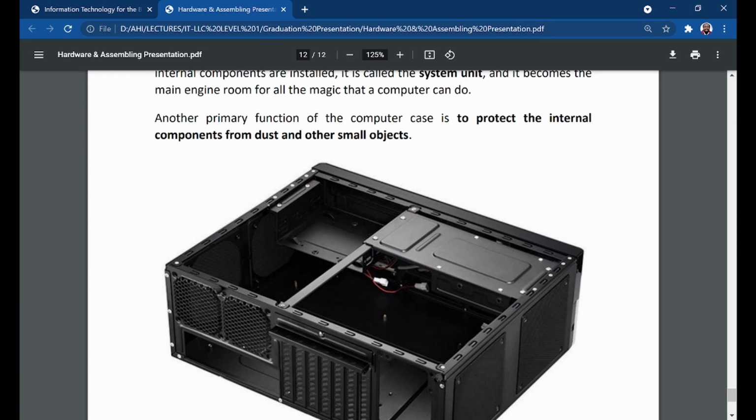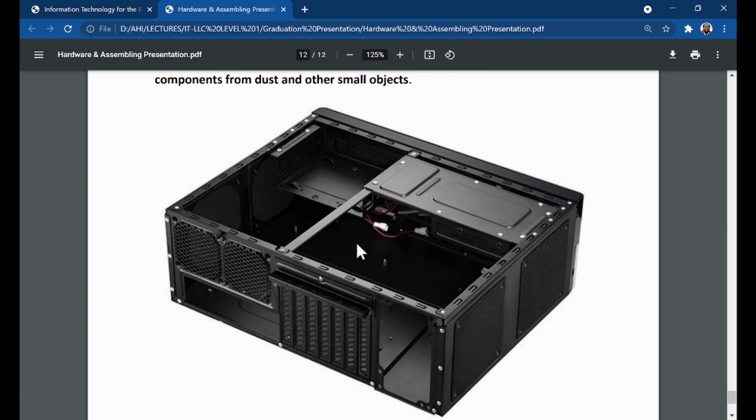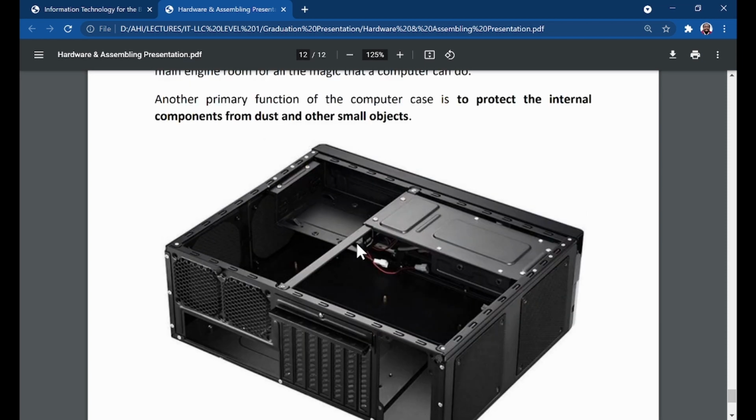Another primary function of the computer case is to protect the internal components from dust and other small objects. So here we have picked two functions. What is the first one? The first function of the computer case is to house all the internal components of the computer system. What is the second function? The second function is to protect the internal components from dust and other small objects.